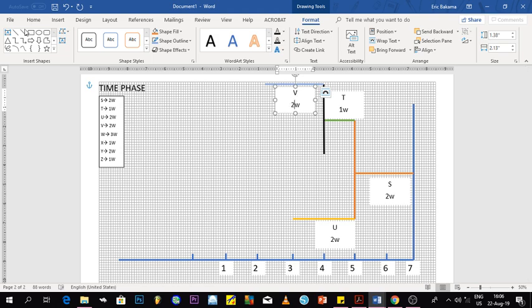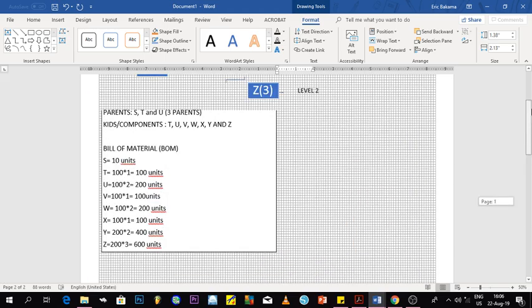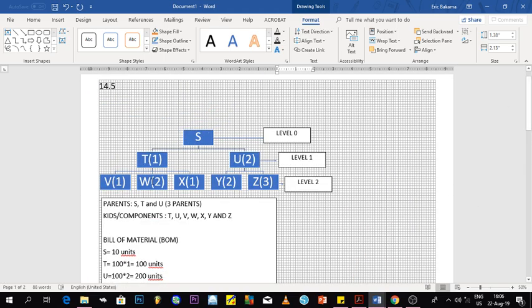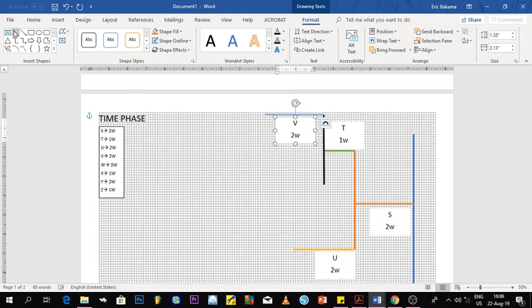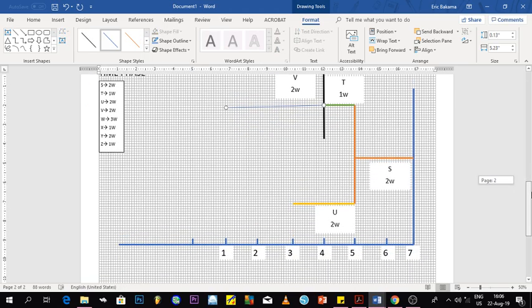Then the next thing is we draw the next component. Remember, T has 3 components. The next one is W, and then we have X. So I'm going to draw them all at once. We have W goes for 3 weeks. Remember, this one was 2 weeks. We add 1 more week here. I need to check my table here below.